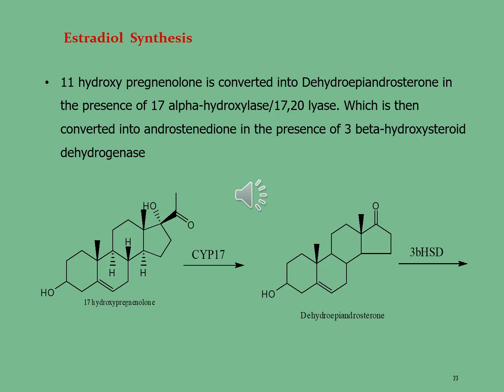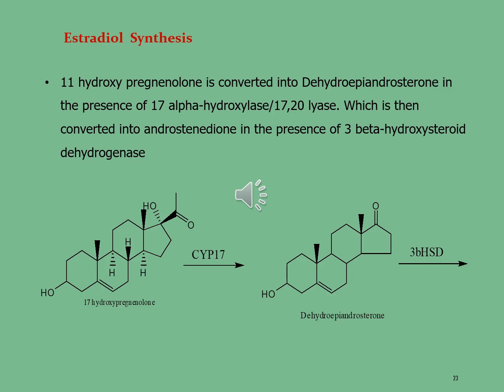So you can see over here in this reaction the first structure is 17-hydroxypregnenolone, which has a hydroxyl group at carbon 3 position, an acetyl group at carbon 17 position, and a hydroxyl group as alpha also present at carbon 17 position. In addition, there is a presence of a double bond at carbon 5 position.